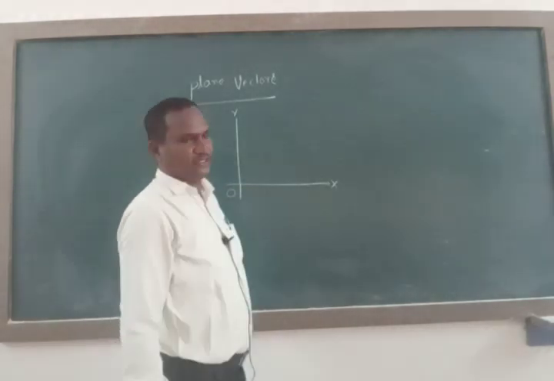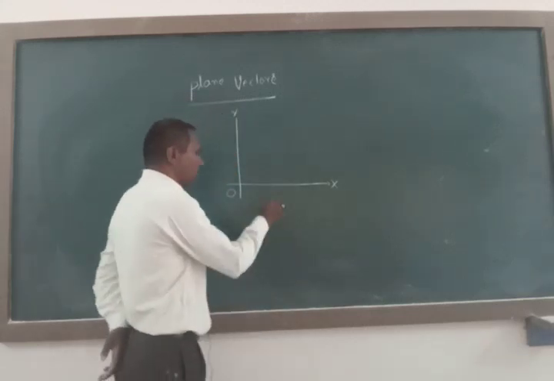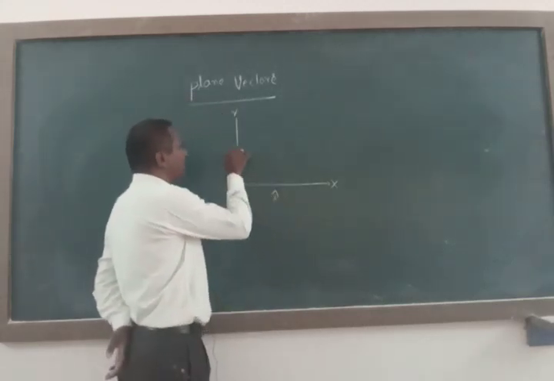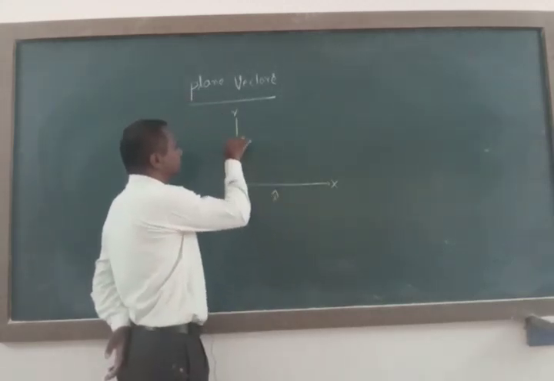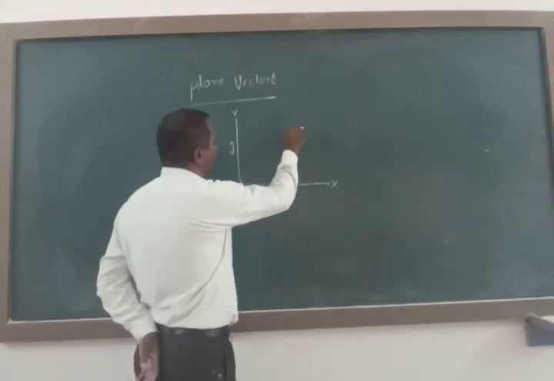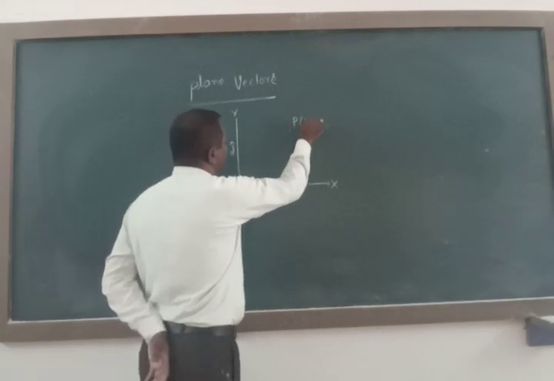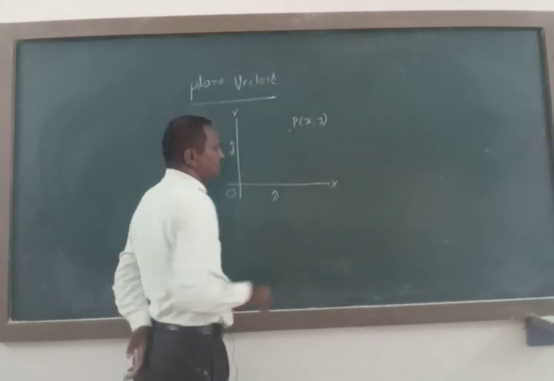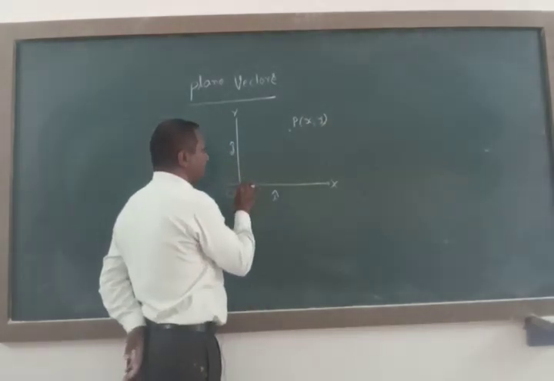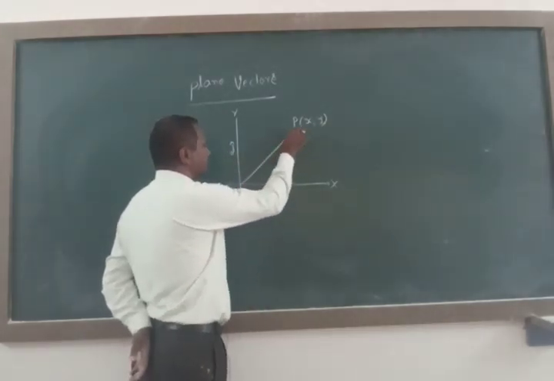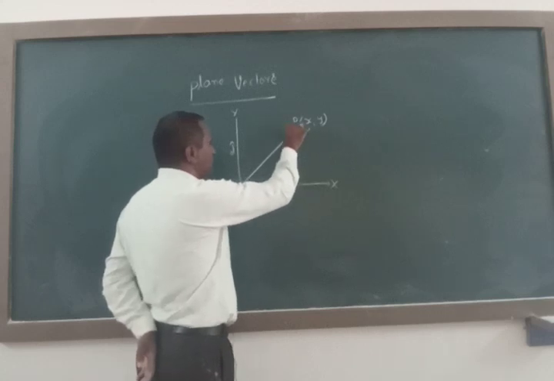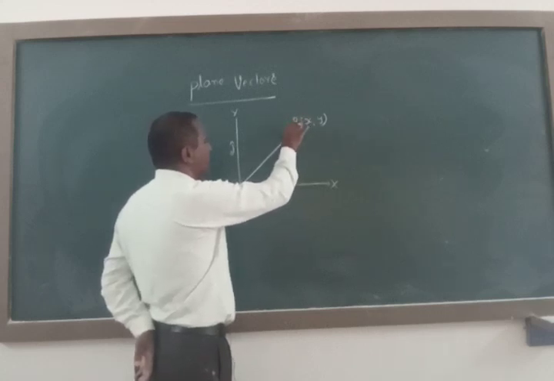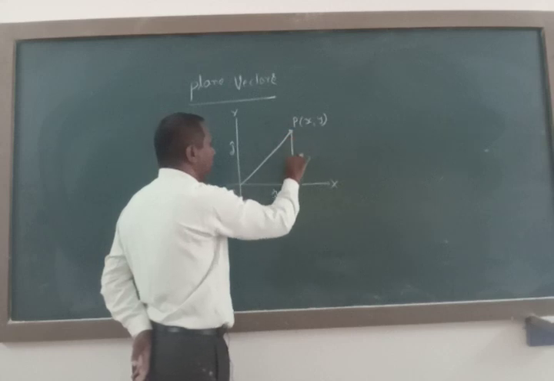Here we take i cap on the x-axis and j cap on the y-axis. Take one point P as (x, y). Join OP, and draw a perpendicular line from P onto the x-axis, that is PM.